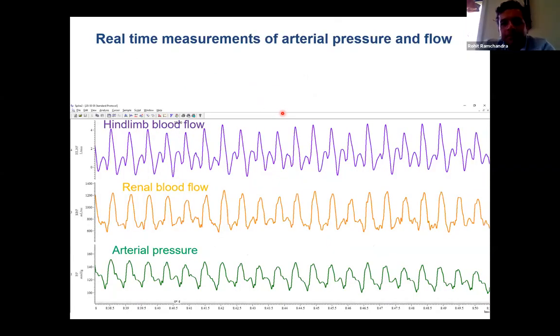Here's another raw figure, if you like, where in this animal we've implanted again an arterial pressure probe, but we are simultaneously measuring blood flow to the renal artery, so measuring blood flow to the kidney, as well as hind limb blood flow.